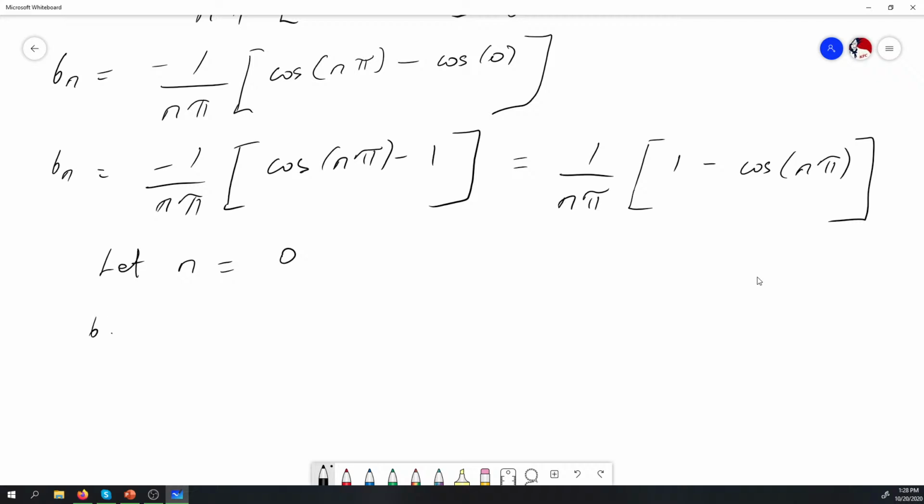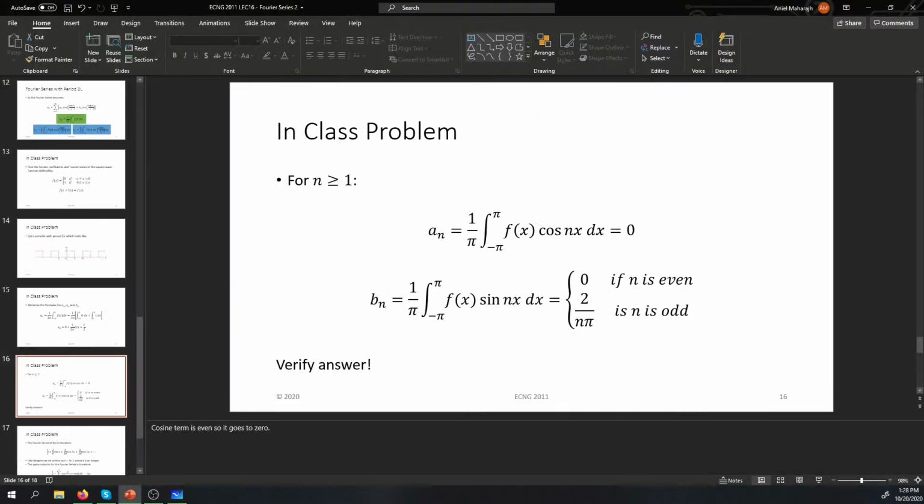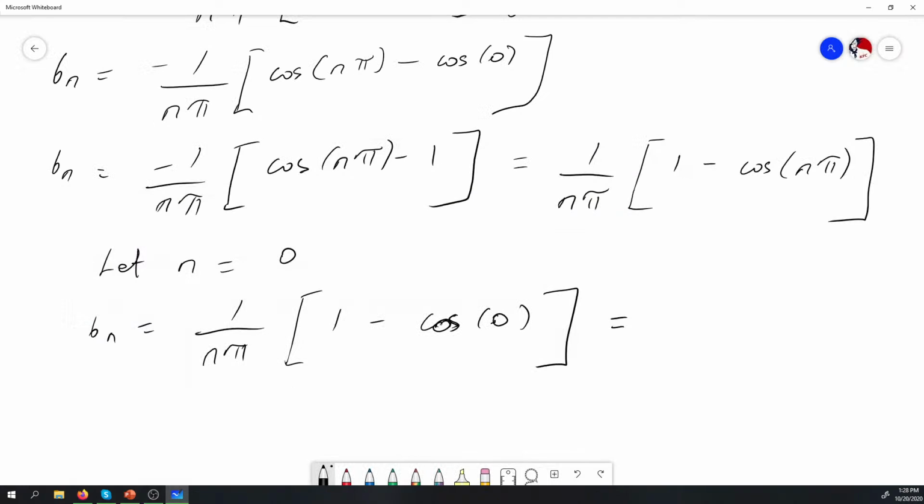So b of n would be equal to 1 on n pi into 1 minus cosine of 0. I'm just checking this to make sure my math was correct. Right, my math is correct. And cosine of 0 is 1, so we get 1 minus 1, which resolves into 0.